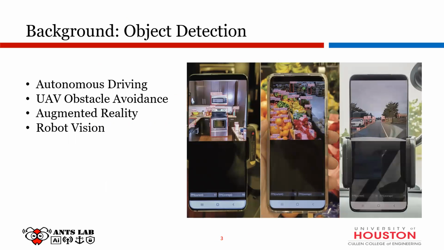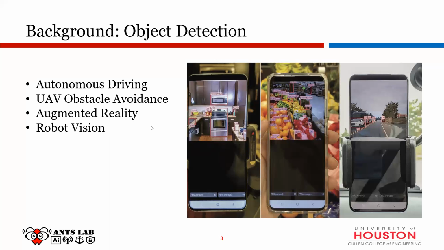First, object detection has been widely used in various applications, such as auto driving. We need to identify incoming vehicles or traffic signals. It is also widely used in UAV obstacle avoidance, augmented reality, and inventory management, as shown in the pictures.